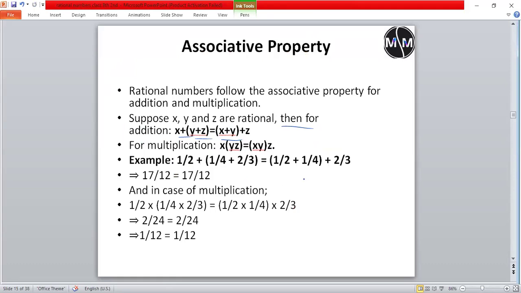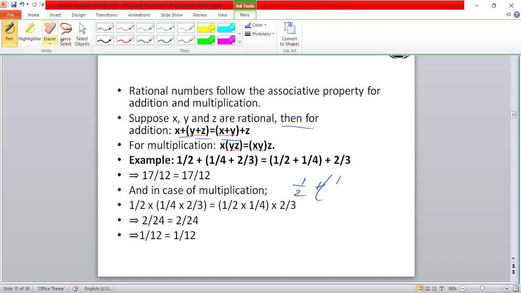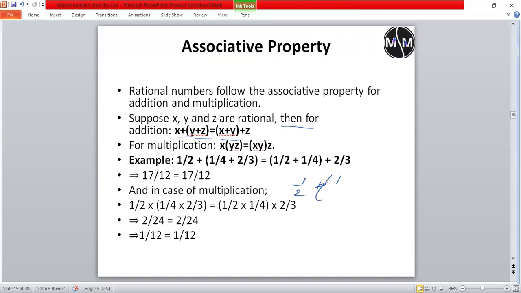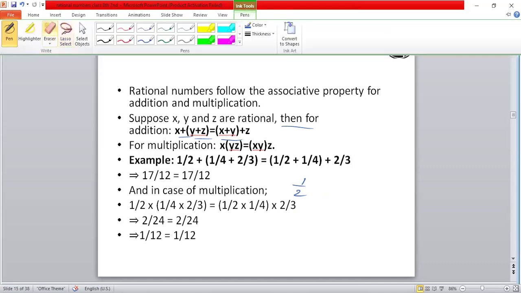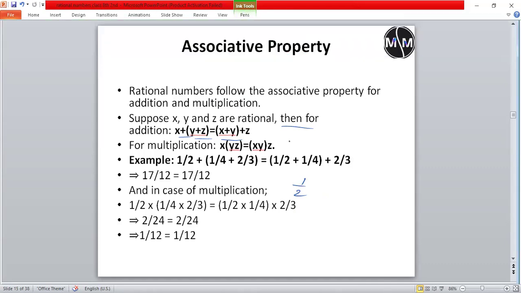Here, 1 by 2 plus 1 by 4, which is in a bracket, plus 2 by 3.